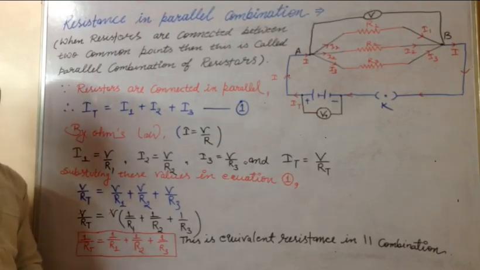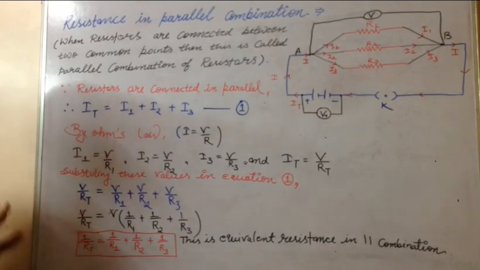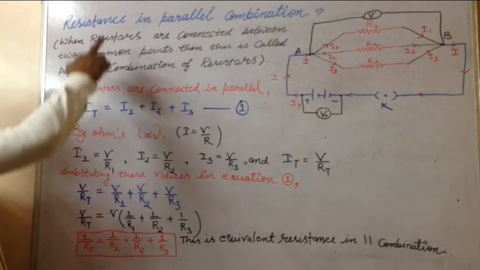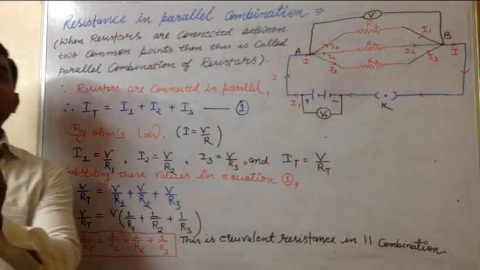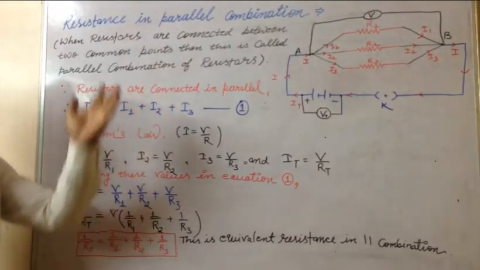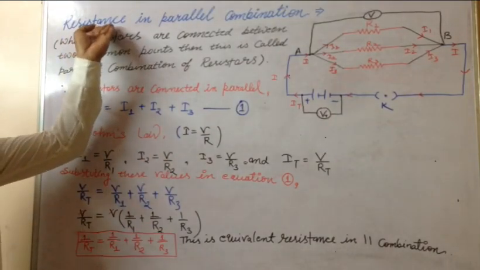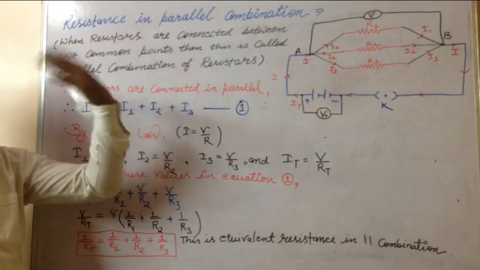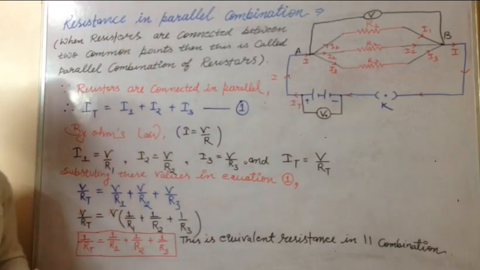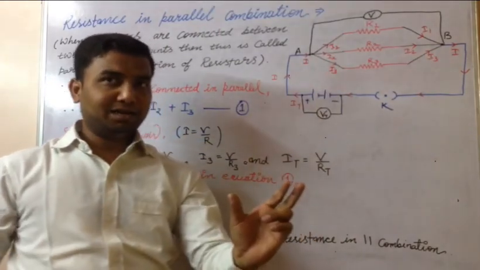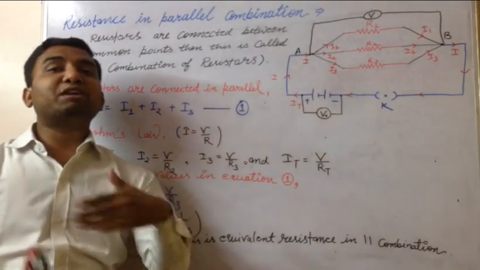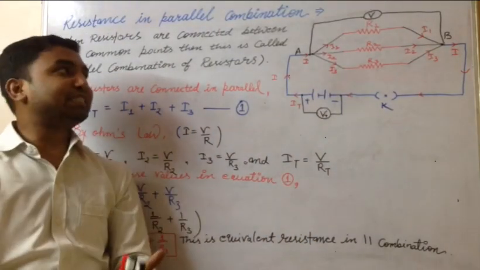I will brief once again. Resistance in parallel combination. Resistance is a property carried by a resistor. In the book somewhere you will get resistance, and in some places resistors. This particular component is known as a resistor, and a resistor has the property of resistance.